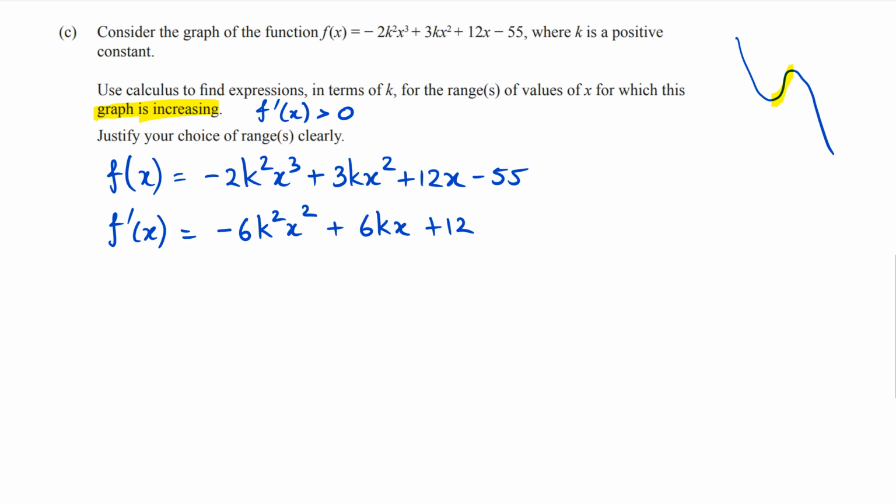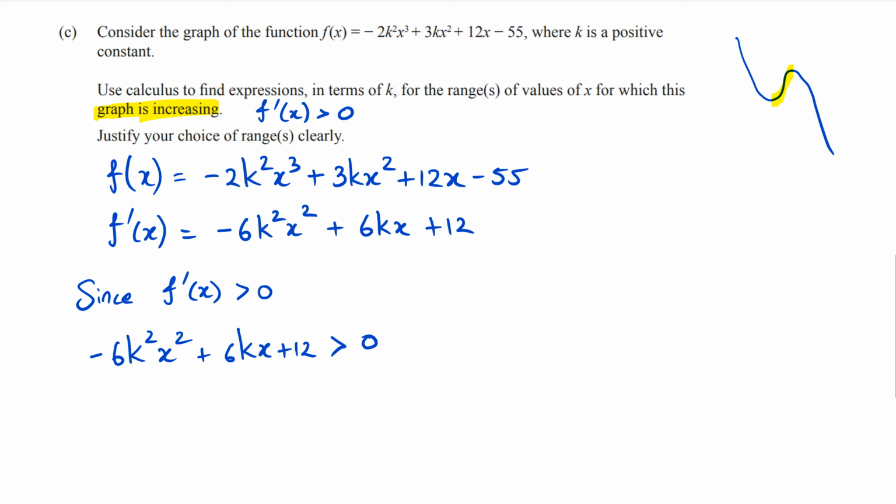So then we can say since f dash of x is greater than 0, -6k squared x squared plus 6kx plus 12 is greater than 0. Now, looking at this, we have a quadratic equation, and we also have a common factor of 6. In fact, we're going to take out -6 as a common factor, which means we're going to get k squared x squared minus kx minus 2, which is greater than 0.